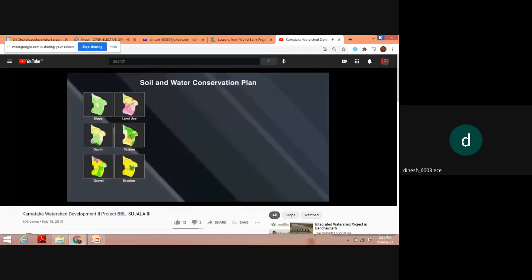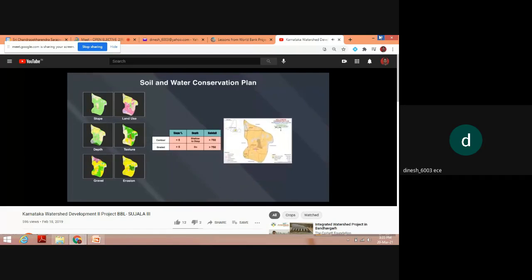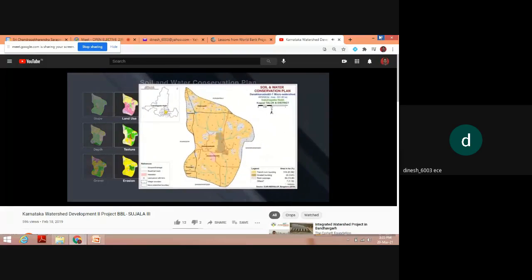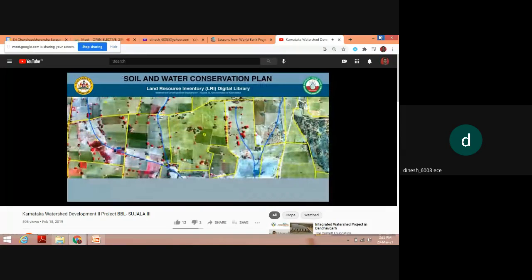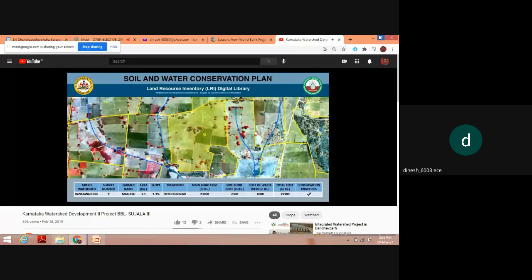The DSS on soil and water conservation planning is developed by integrating soil, site, land use, and rainfall characteristics with criteria for deciding the type of conservation structures. This helps to identify the type of conservation structures needed, their design and cost estimate for both arable and non-arable lands.